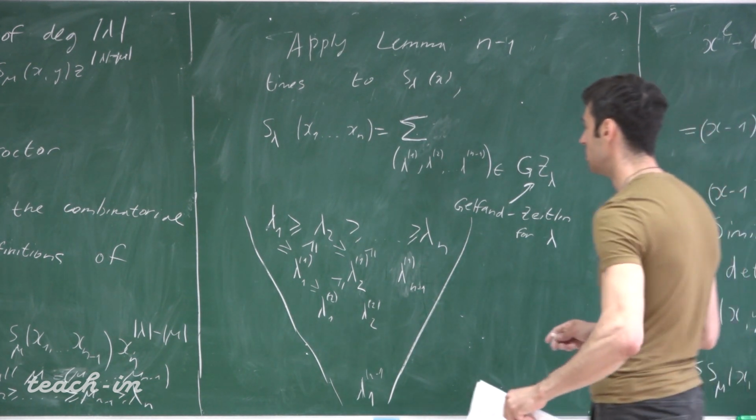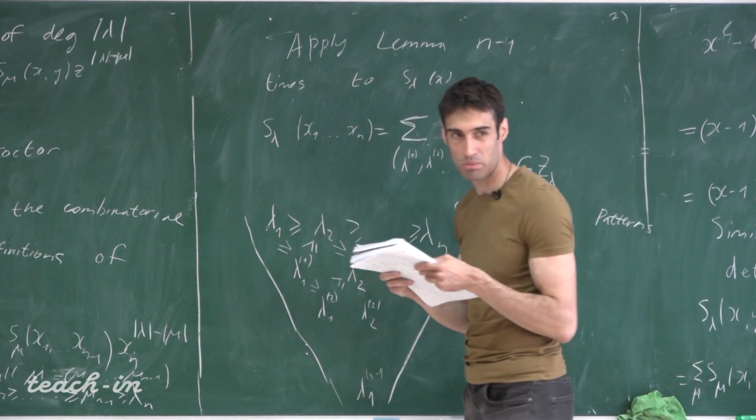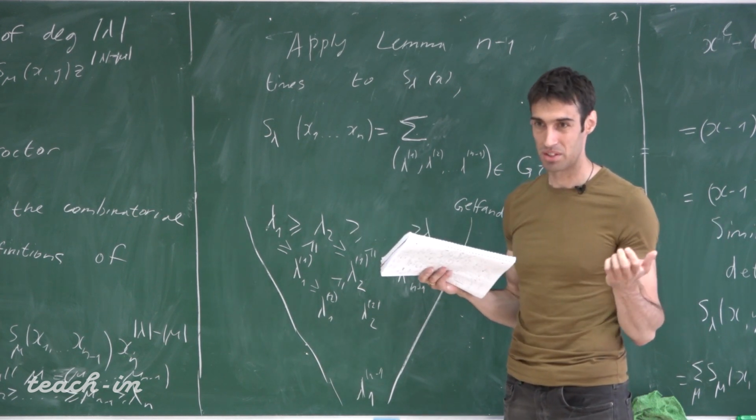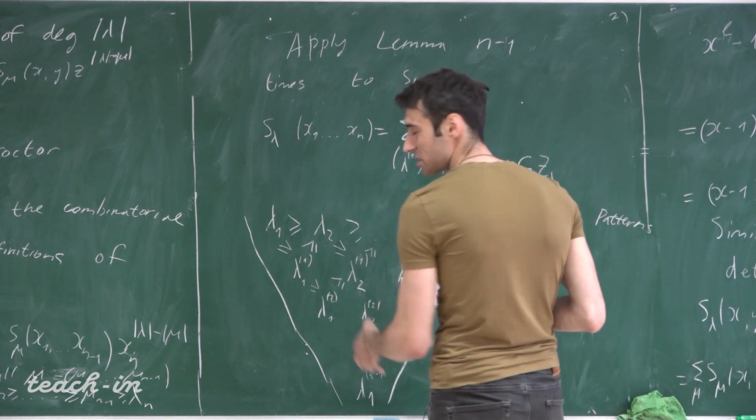So this is the sum, and this is another combinatorially very important object in mathematics. It appears not only in here. So that's why it has this name.